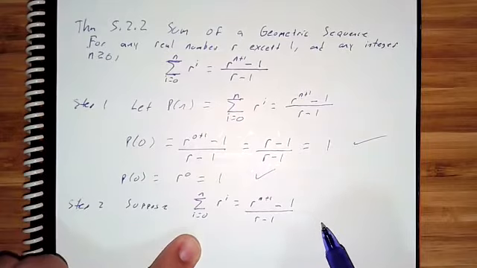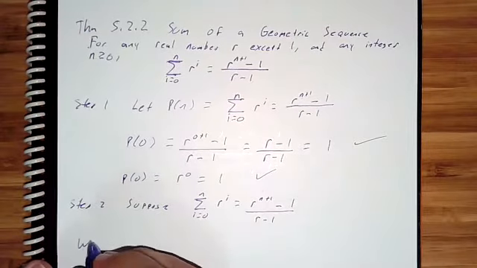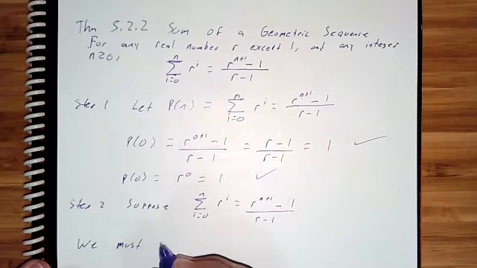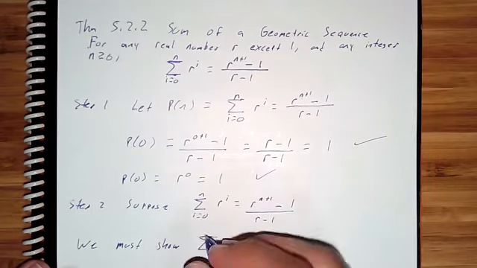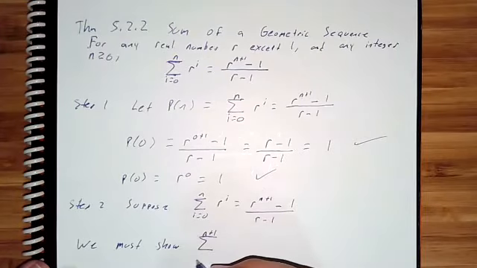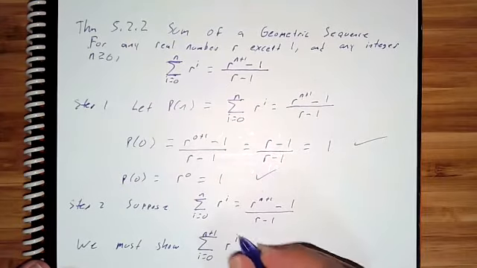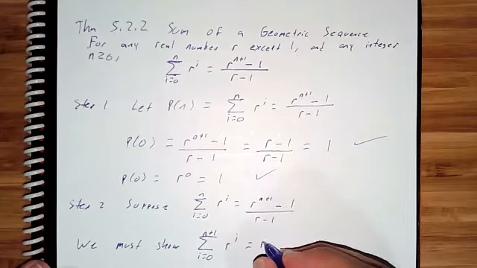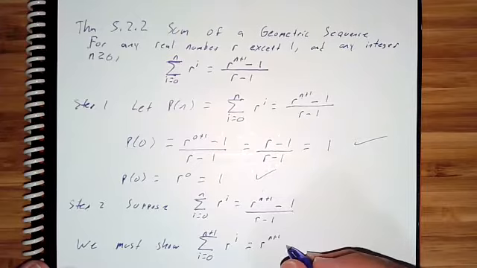So that means I'm good, right? So we're going to suppose this, all right? And we want to show, we must show the sum with n plus 1, from i equals 0, I'm going to add one more, of r to the i is equal to r to the n plus 1 minus 1.